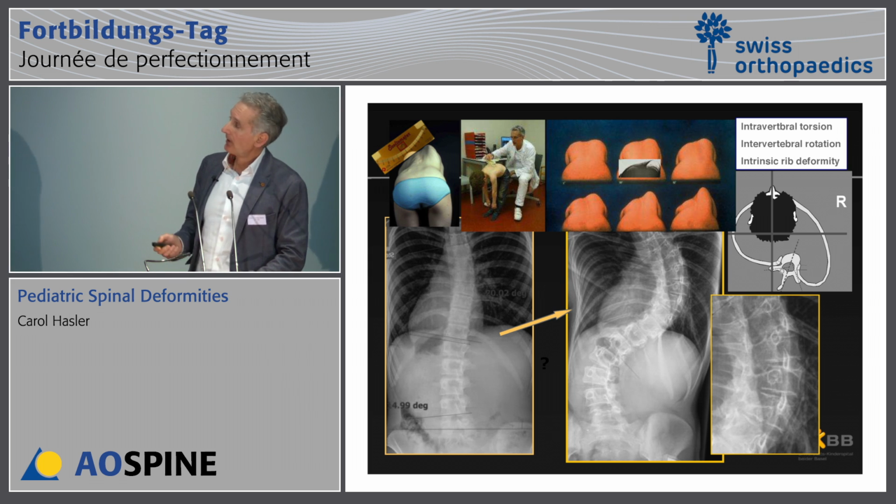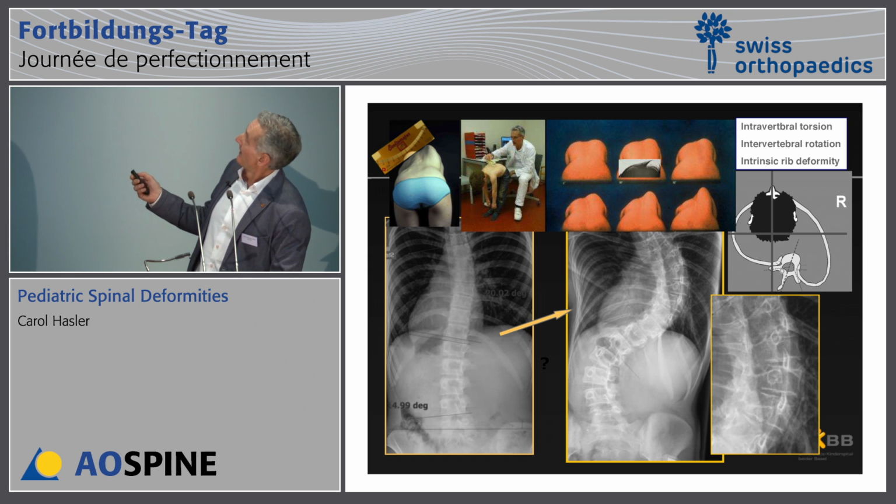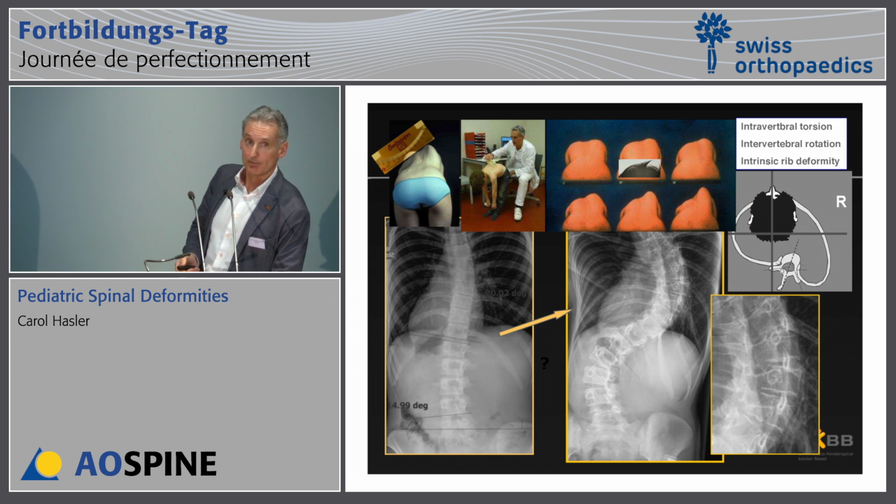And the rib hump is associated not only with the rotation of the vertebral body, but the more significant the scoliosis becomes, the more inherent rib deformity you have. So there is an angulation of the rib thorax also.